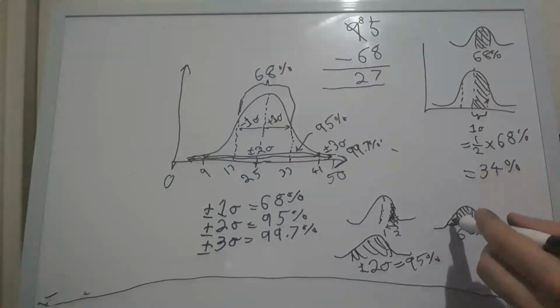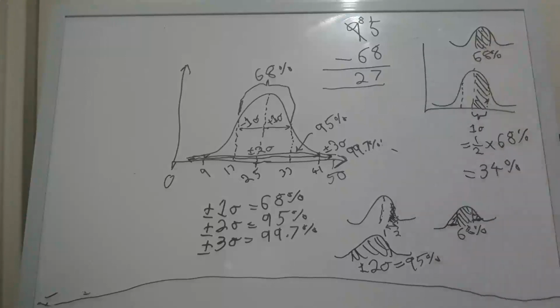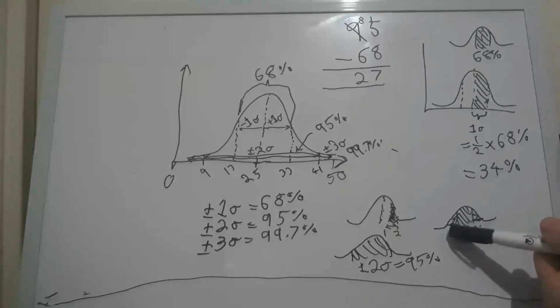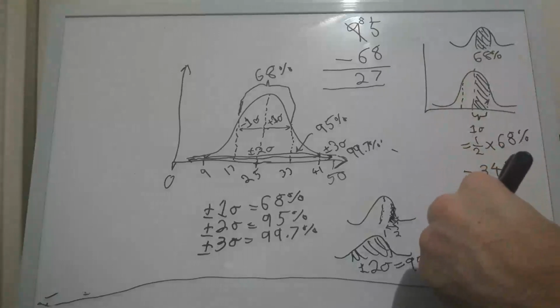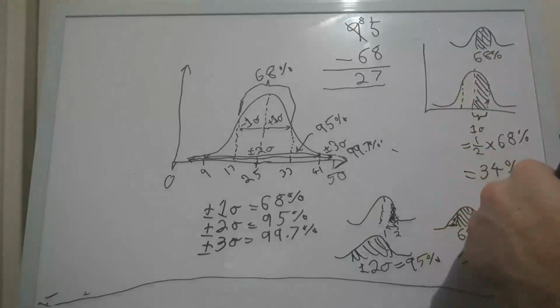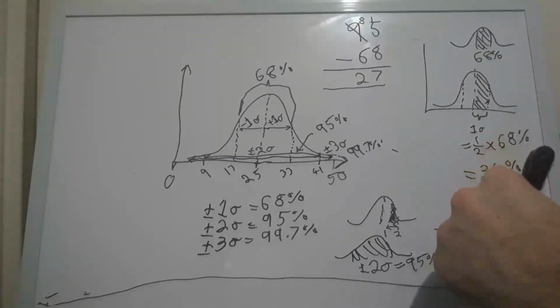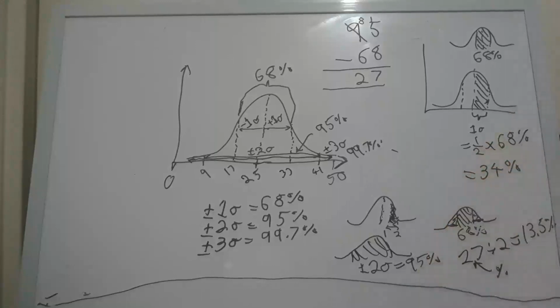So these areas here and here should account for 27% of the total area under this curve. Now if you only care about one side of this, remember it's symmetrical, so that should be equal in size to that. So 27 divided by 2 will equal 13.5%. Sorry, 27%, that should be a percent there.